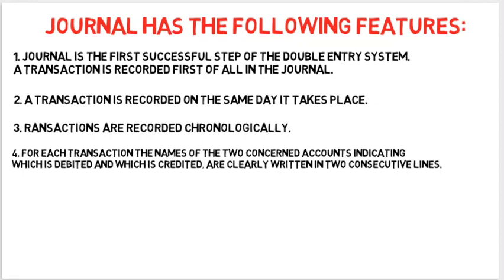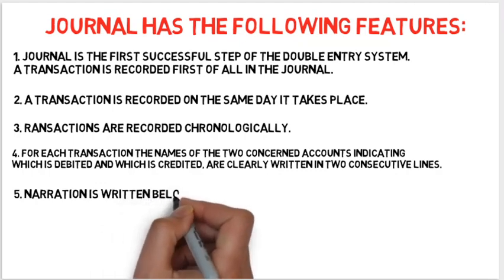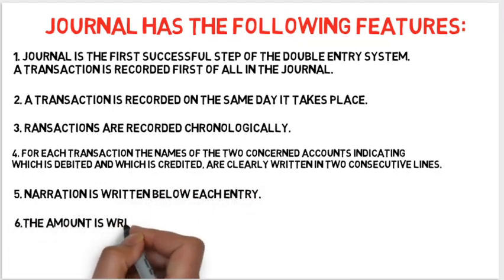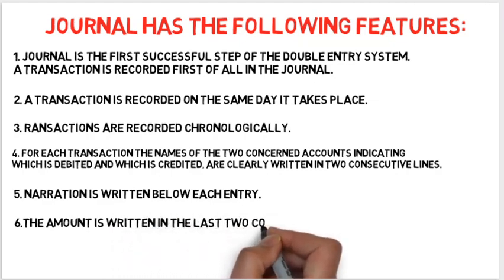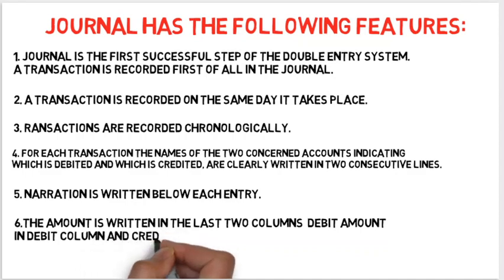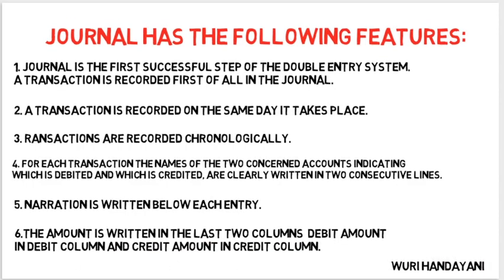This is why journal is called assistant to ledger or subsidiary book. Fifth, narration is written below each entry. Last one, the amount is written in the last two columns. Debit amount in debit column and credit amount in credit column.